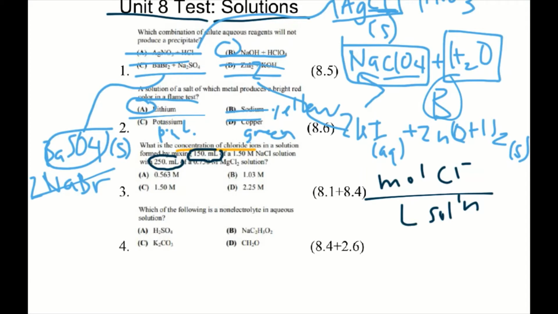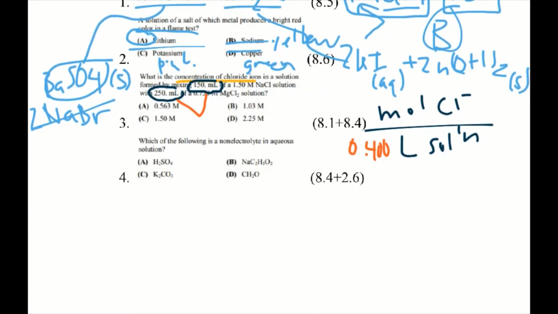So when you add these 2 volumes together, the volume of our solution is going to be 0.400 liters, because 150 plus 250 is 400 mL, or 0.400 liters of solution. Since you're mixing 2 solutions that are made of water together, these 2 will have additive volumes.